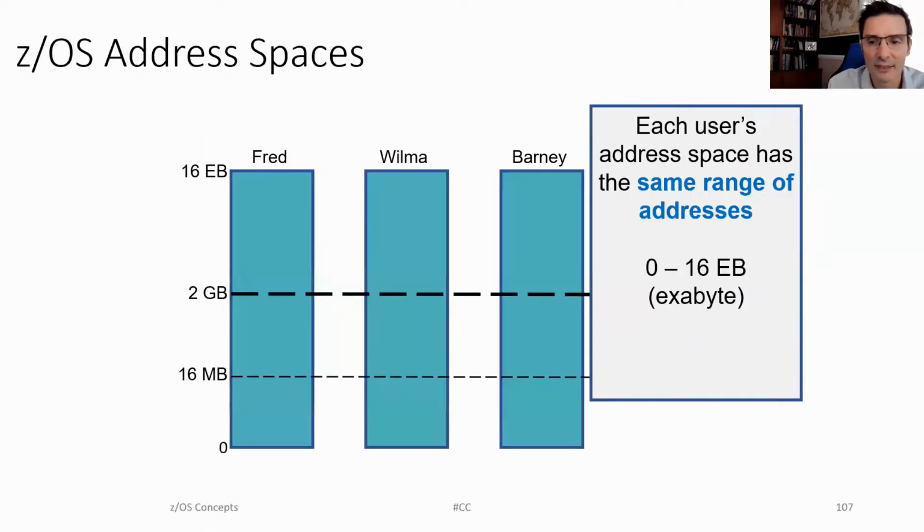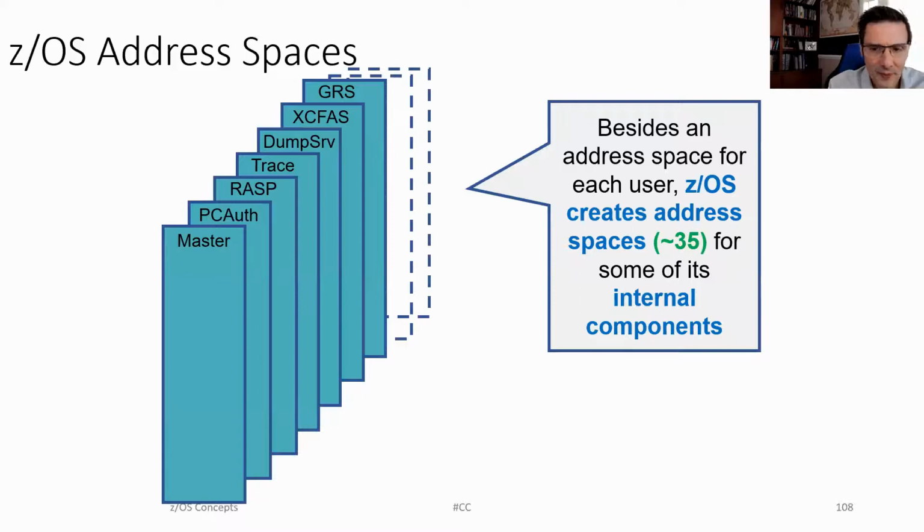Okay. So again, if I have 3 users here, they all have this address range, in this case, a 64-bit address range from 0 to 16 exabytes. That's a lot of virtual storage that is available to your particular application. So besides an address space for each user, of course, zOS is going to create address spaces for some of its internal components.